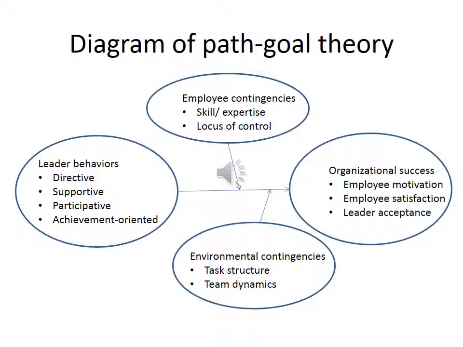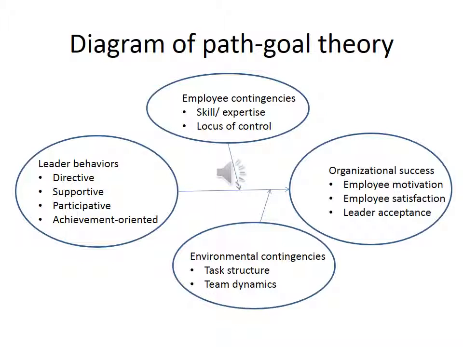Here's a diagram of path goal theory. Organizational success, the far right picture, can be measured by motivation, satisfaction, or leader acceptance. Those are all measures that lead to organizational performance. You might want to argue about that, but these are pretty much associated with it.